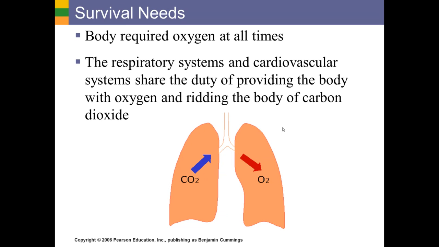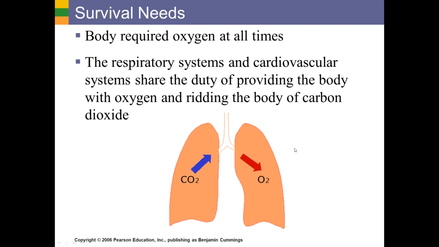It brings oxygen from the air in the outside environment and loads it into our blood. And it removes carbon dioxide that our body is constantly producing, right? Removes it from the blood or unloads it from the blood and then places it in the outside air. So that's the function of the respiratory system.